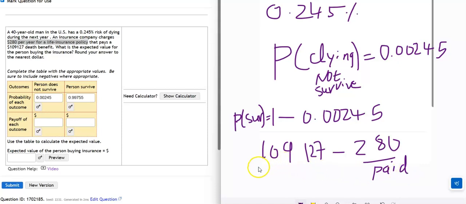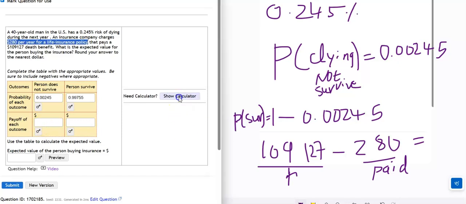So even though this is paid by the insurance company to the person's family, $280 was already paid by the person to the insurance company. So this difference is exactly the amount the person's family gets when the person does not survive.